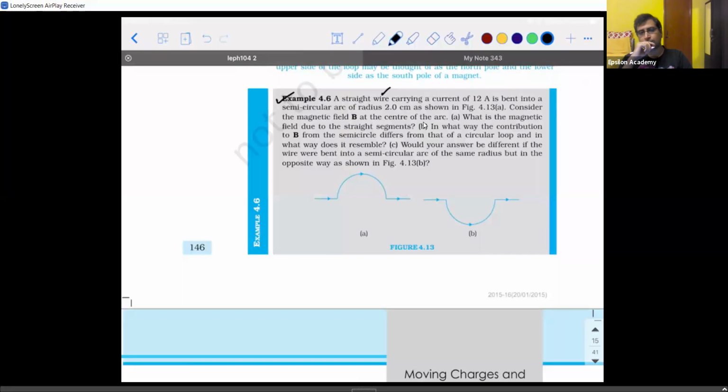Correct? Now comes an important question. How much is the current that is flowing? It is 12 ampere. Let the radius be 2 centimeter. Now tell me, what do you think will be the magnetic field due to the first conductor at the center?